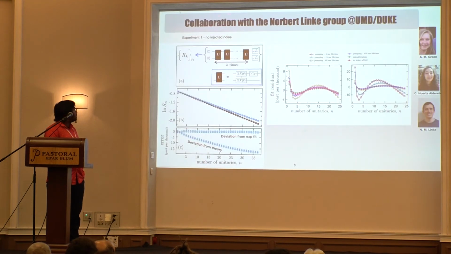So, this is the result from our collaborators at the University of Maryland. In the first experiment, they took this circuit, this is the U, and they repeated our periodicity protocol. So, this is the U they took. The black one you see is the simulation, and this one is what they got from the experiment. Now we wanted to understand how close this one is to the exponential scaling.